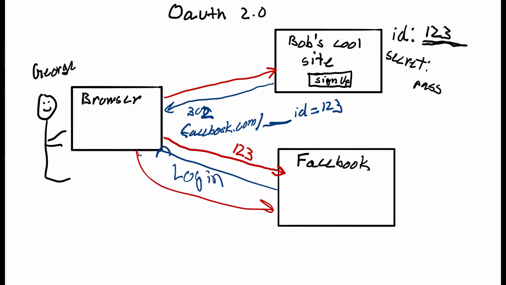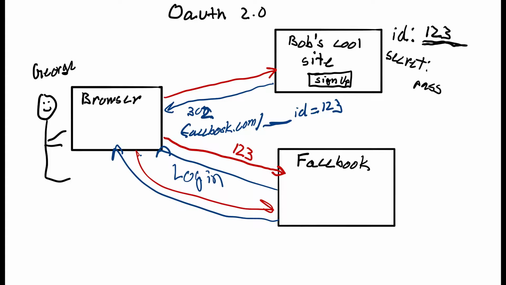After he logs in, Facebook is going to send a page back to George saying Bob's cool site would like some information about you. Do you want to authorize this? Or it might say another question: Bob's cool site is trying to act on your behalf. Do you want to give him access to do this list of things?